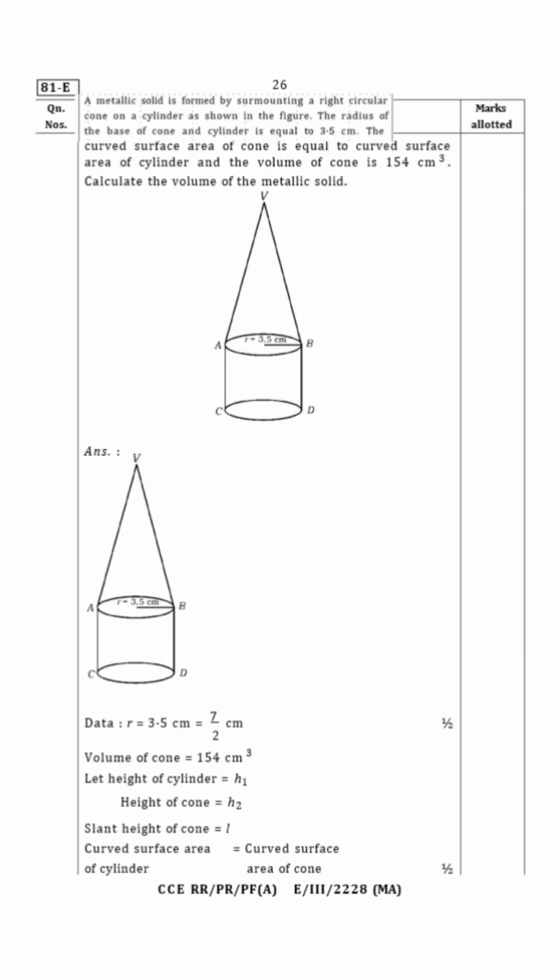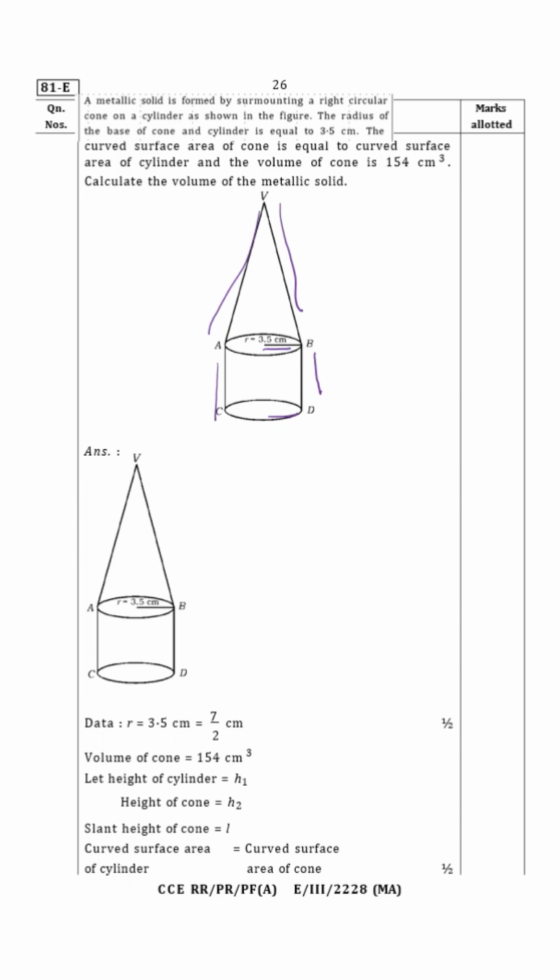This is the figure, this is the cylinder, this is the cone. The curved surface area of the cone is equal to the curved surface area of the cylinder. Volume of the cone is 154 centimeter cube. Calculate the volume of the metallic solid.